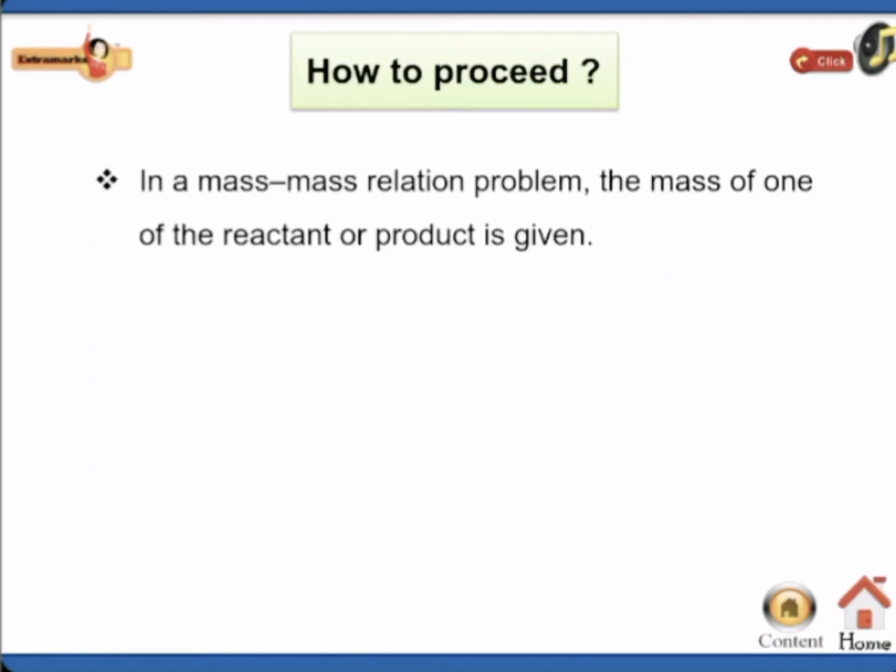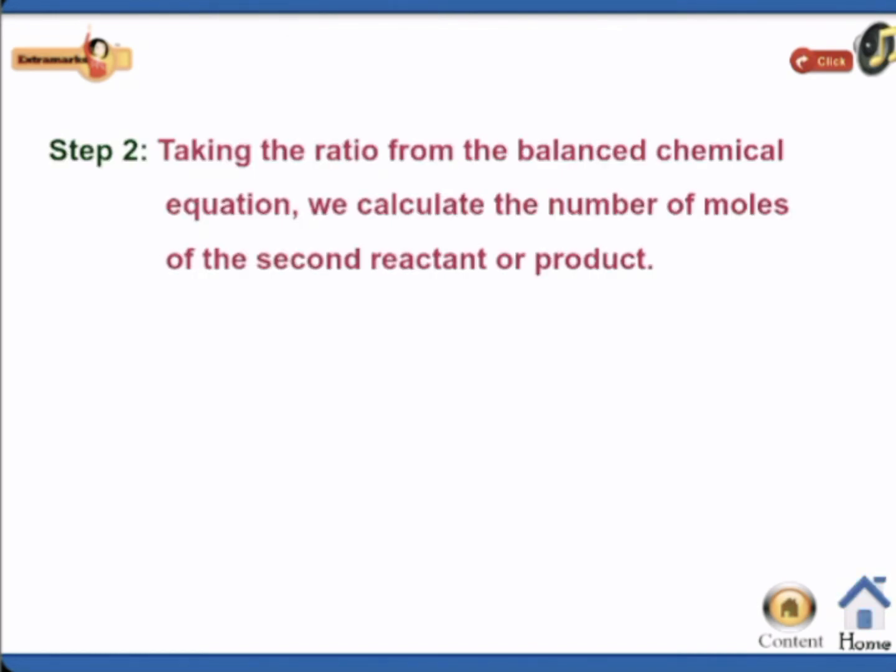Steps to follow while solving a problem based on mass-mass relationship. In a mass-mass relation problem, the mass of one of the reactant or product is given. Step 2. Taking the ratio from the balanced chemical equation, we calculate the number of moles of the second reactant or product.